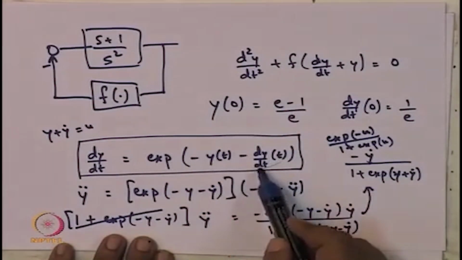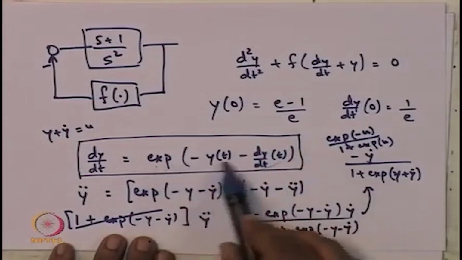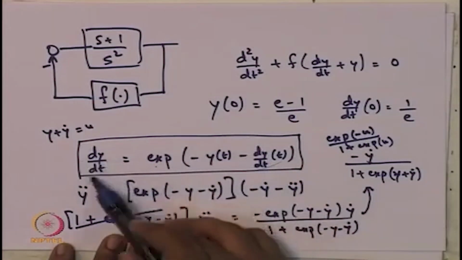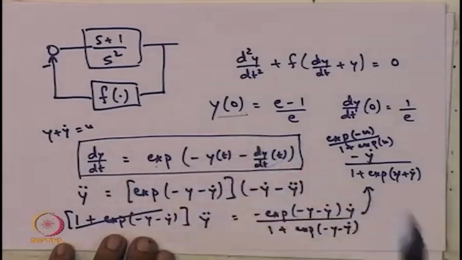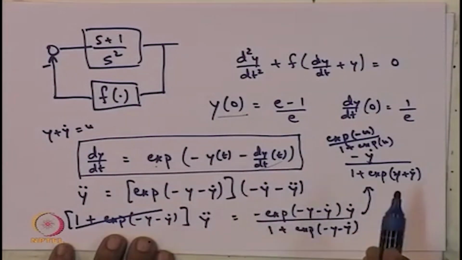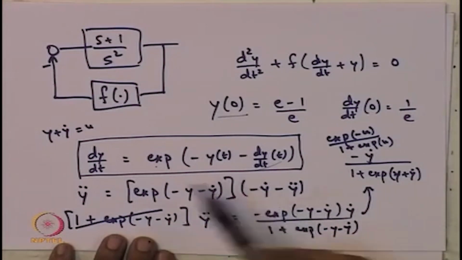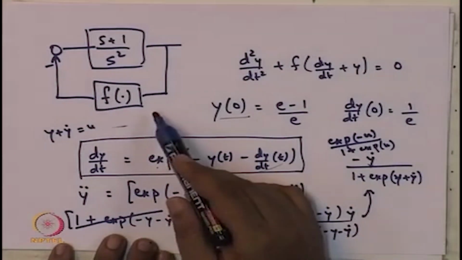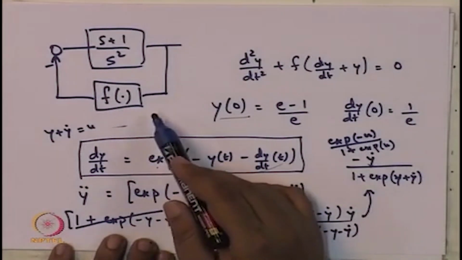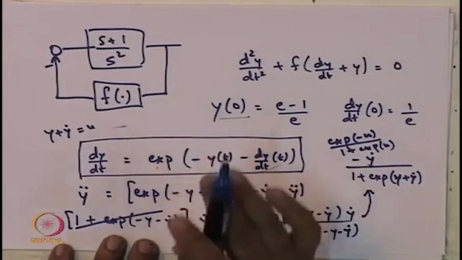So, y increases, dy dt increases, and this is exponential. So, it will continue to have dy dt to be positive, and therefore, y would continue to increase as time goes on, which essentially means that this system is not asymptotically stable. So, this particular example tells us that Aizerman's conjecture is wrong.